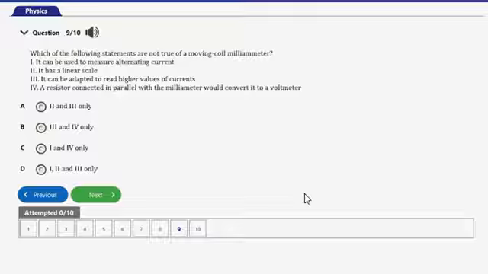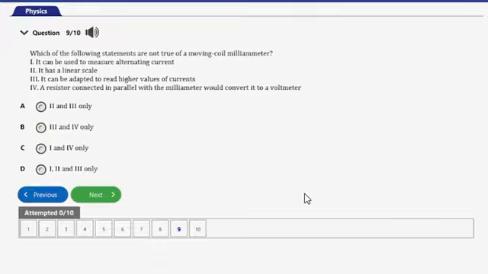But option II here is true, and option III is also true, but option IV here is not so true, because in order to make a voltmeter from this milliammeter, we have to connect it in series with a high value resistor and not in parallel. In that case, the answer to this question is option C, that's I and IV.